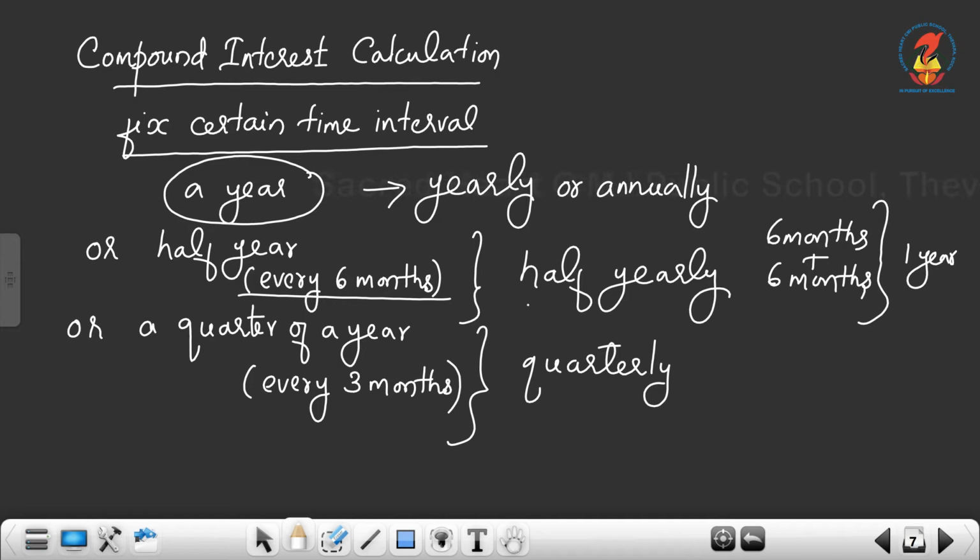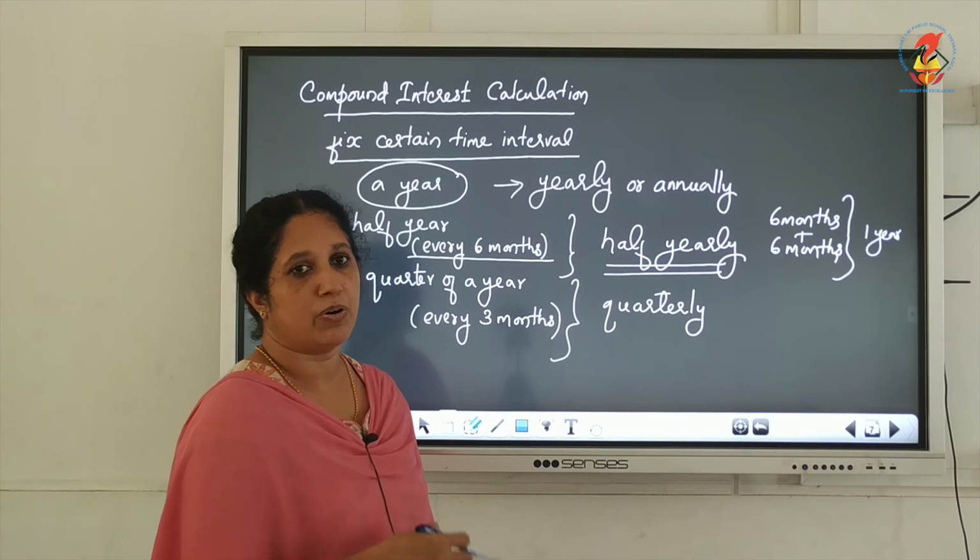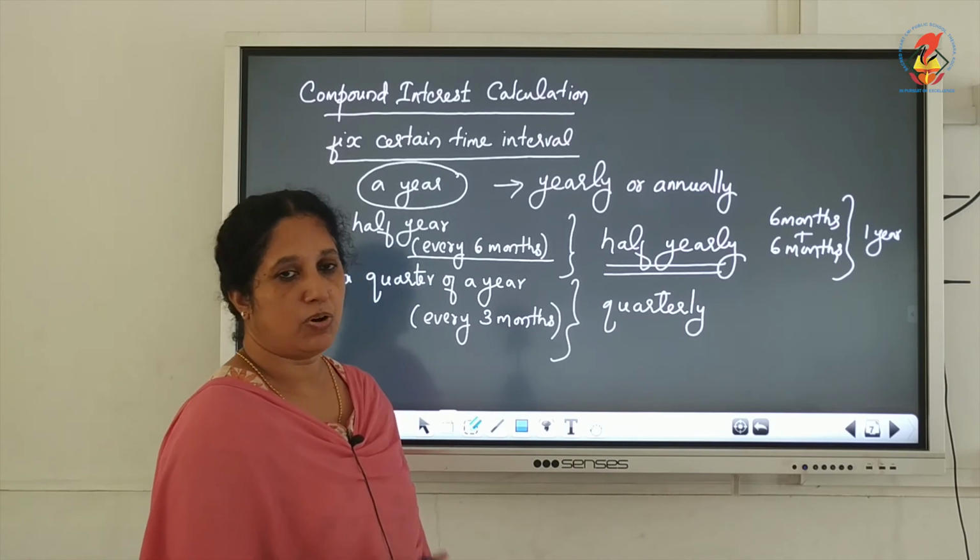If we calculate the interest quarterly, that means every 3 months, then we say that the interest is calculated quarterly. So we have to fix a time interval, and in the calculation it will be mentioned whether we have to calculate yearly, half yearly or quarterly.